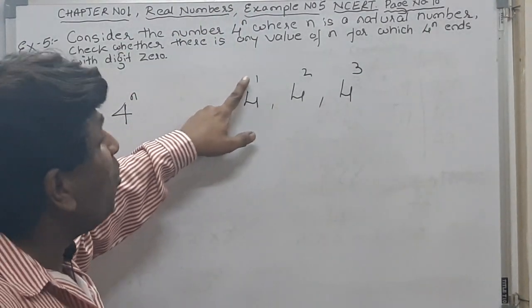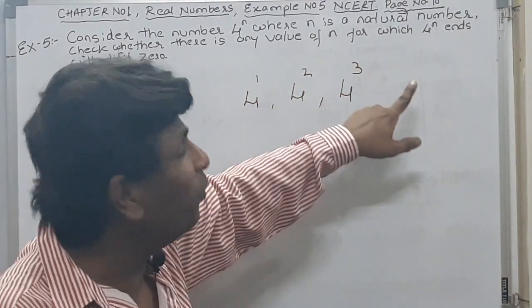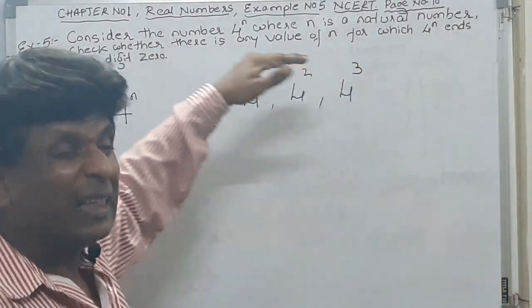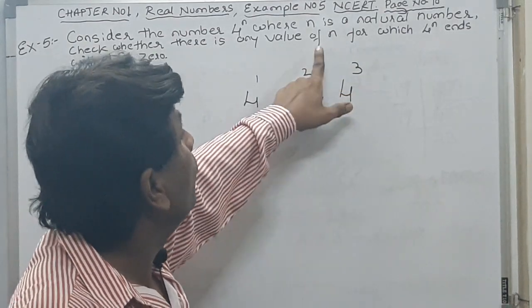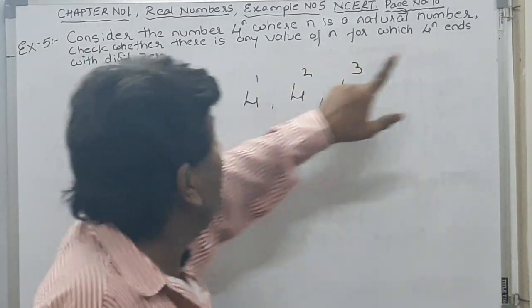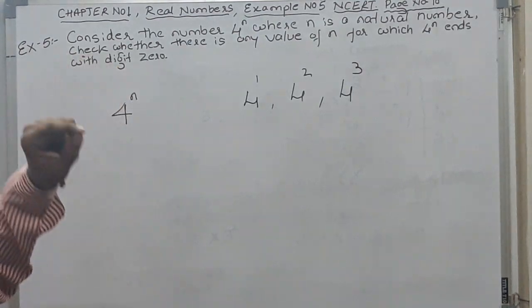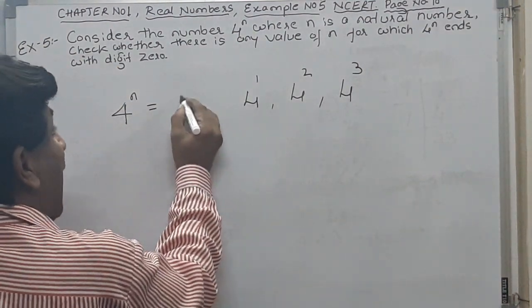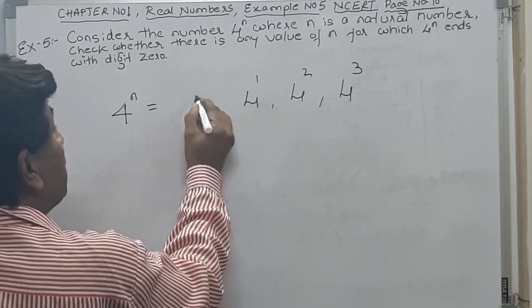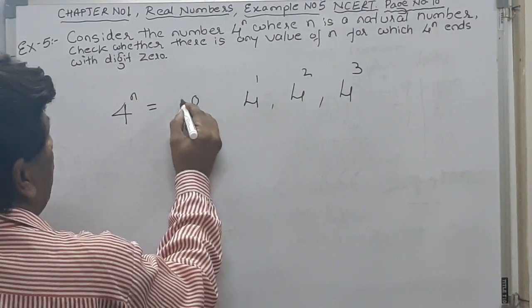Meaning, when you put a natural number value for n, for any value of n, 4 raised to n ends with digit 0. The result should be a number which ends with 0.